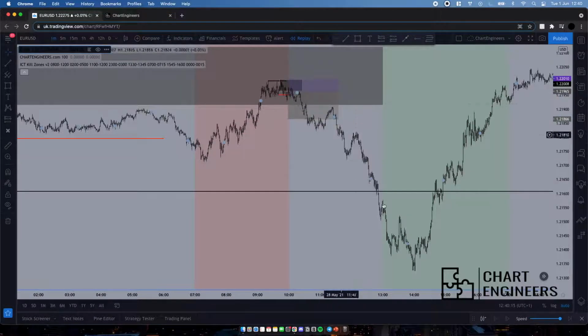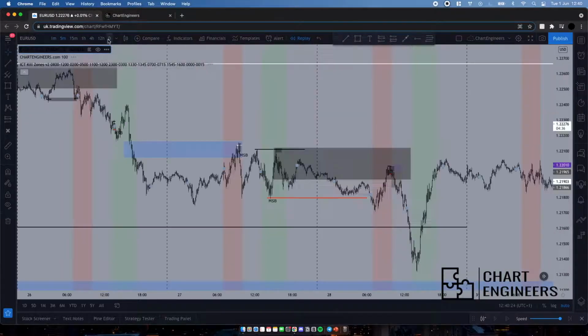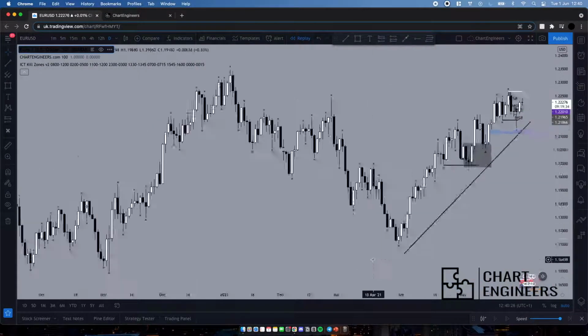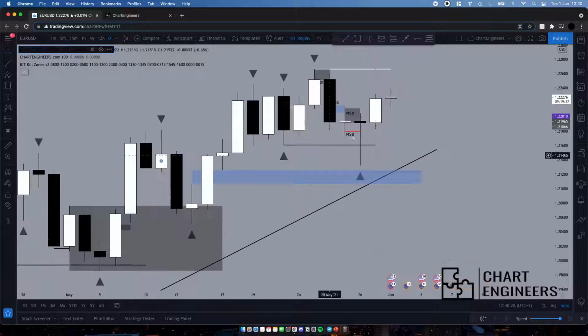You see that price hit TP and taken the daily low. So once price has taken the daily low, even though the daily is not closed yet, you have to be wary of it, because we see that once price goes below the low, it just shoots back up.